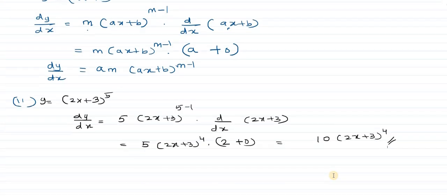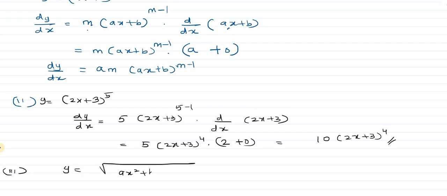Okay. I have written because this is the beginning. So I have to write all the steps. 2 plus 0 like that. What did I say in differentiation? Whatever coefficient of x that will come in the multiplication. Correct? In the result. You need to multiply that. Next sum is y equal to under root ax square plus 2bx plus c.